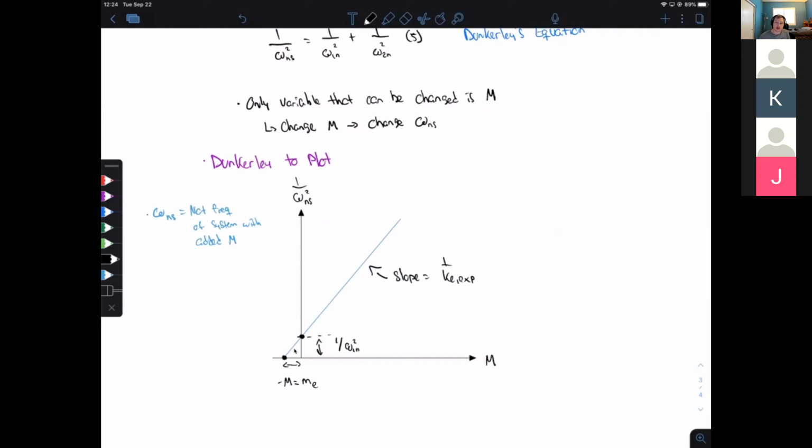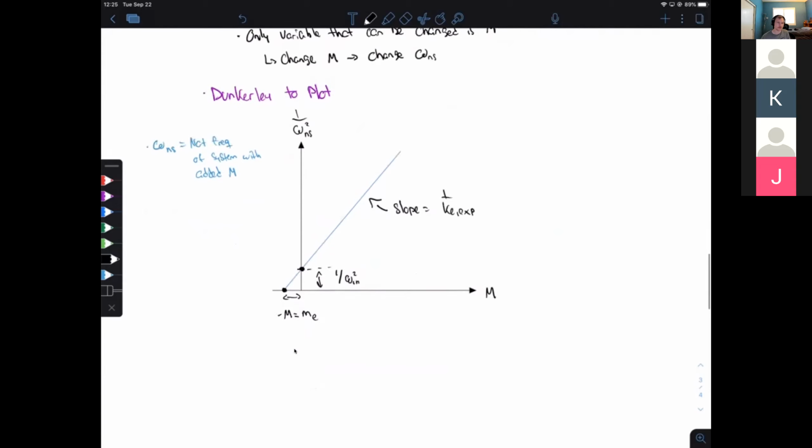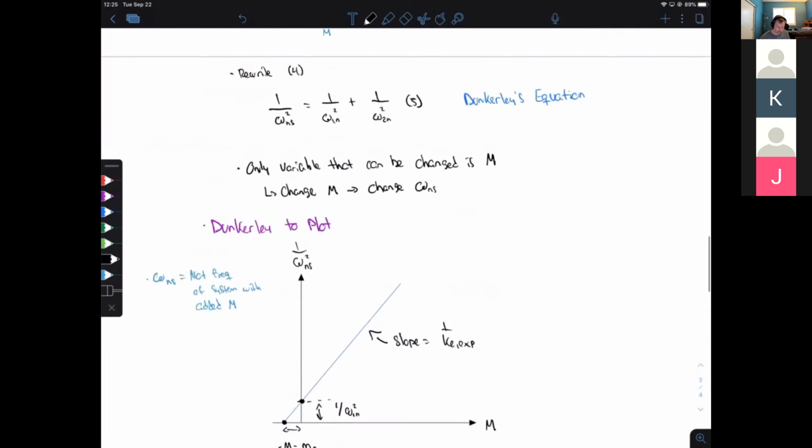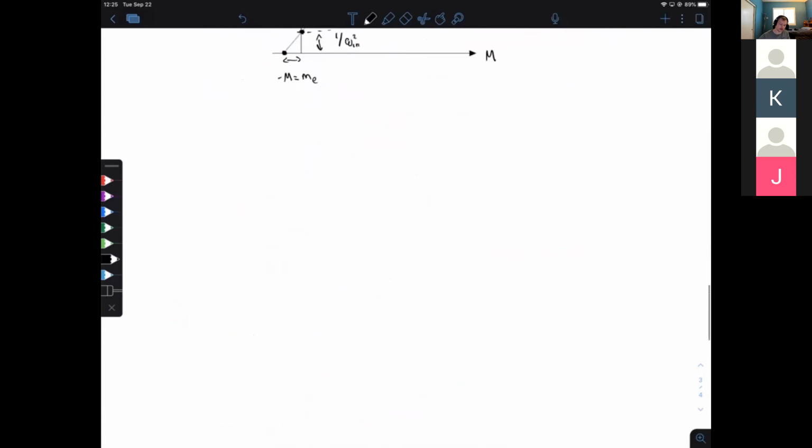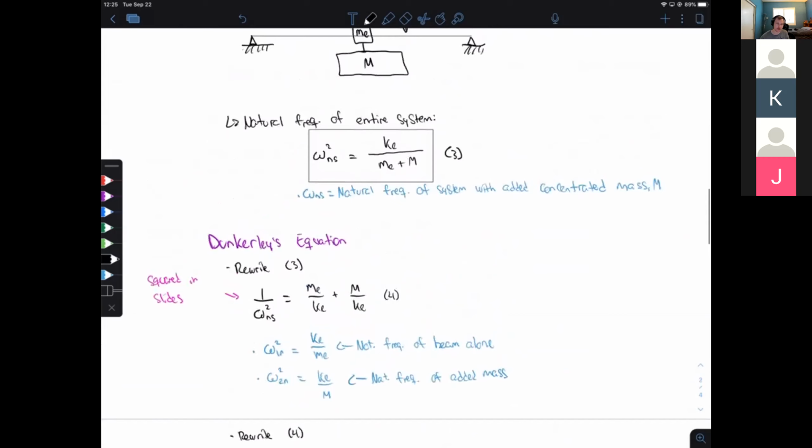Okay, so we got one more slide here for the theory. So almost done. Now we have one more thing that we have to calculate for the lab, which will be the theoretical natural frequency of our beam. Okay, so up here in equation 3, this would be the experimental expression for the natural frequency of the beam.